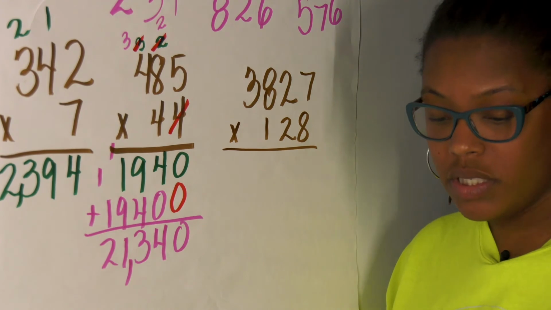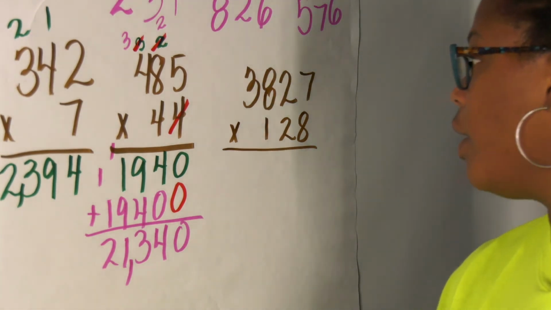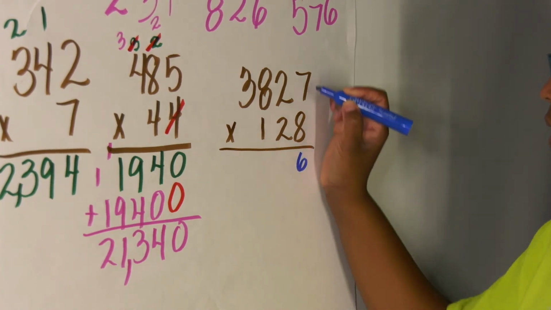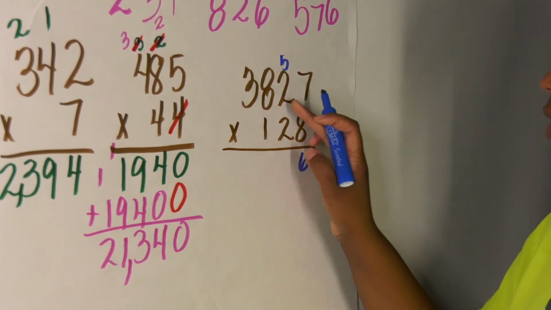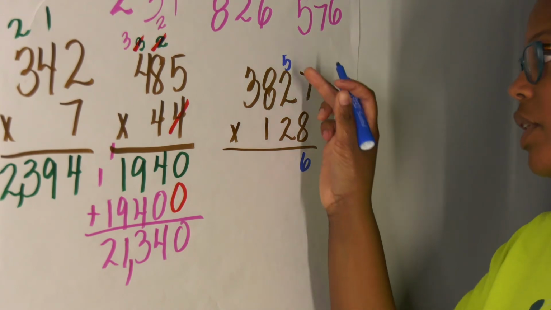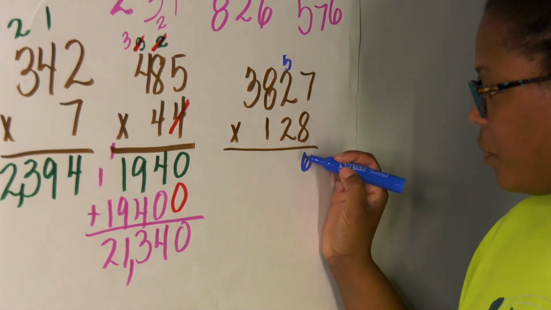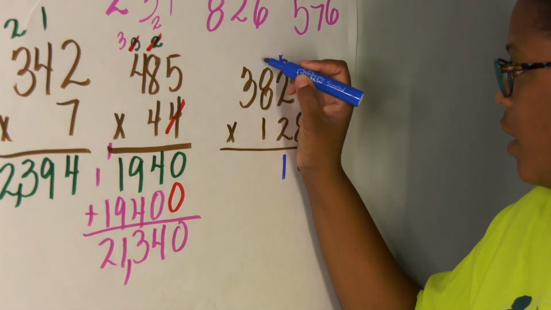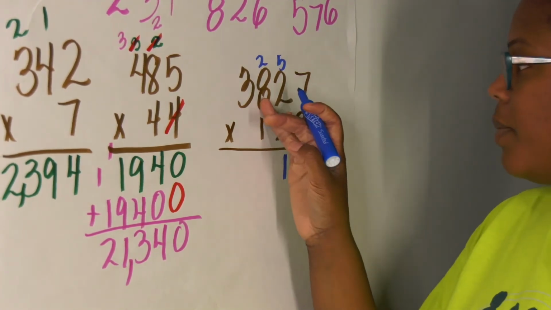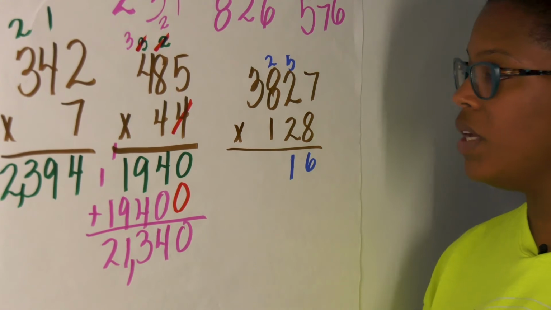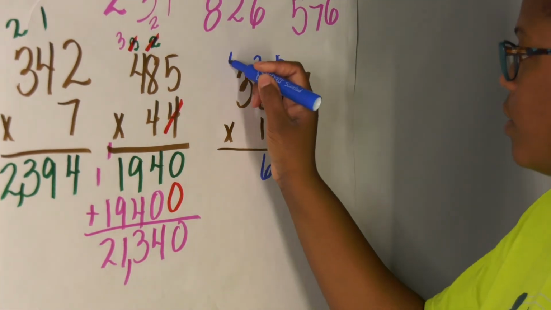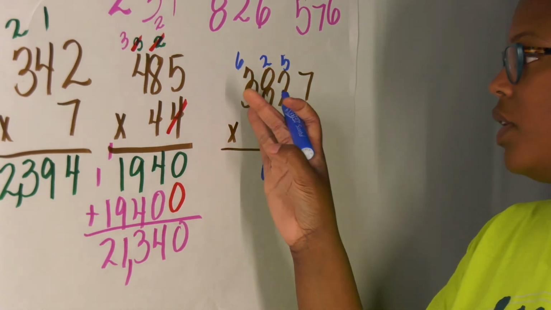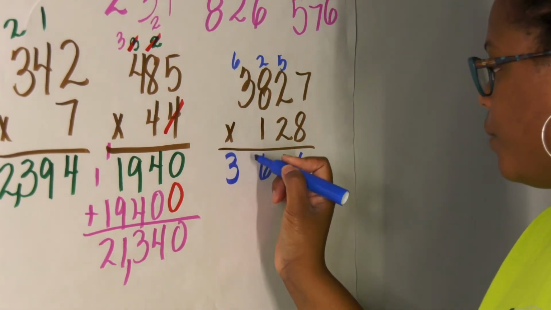Okay, so 7 times 8 is 56, carry the 5. 8 times 2, 16 plus 5, 21. Carry the 2. 8 times 8, 64 plus 2, 66. Carry the 6. 8 times 3 is 24. 24 plus 6 is 30.